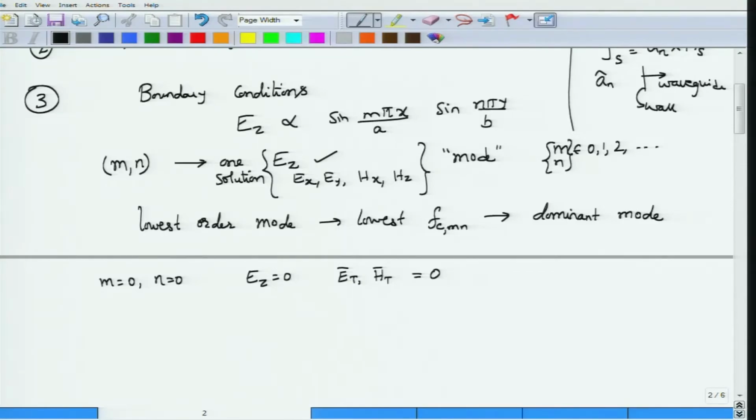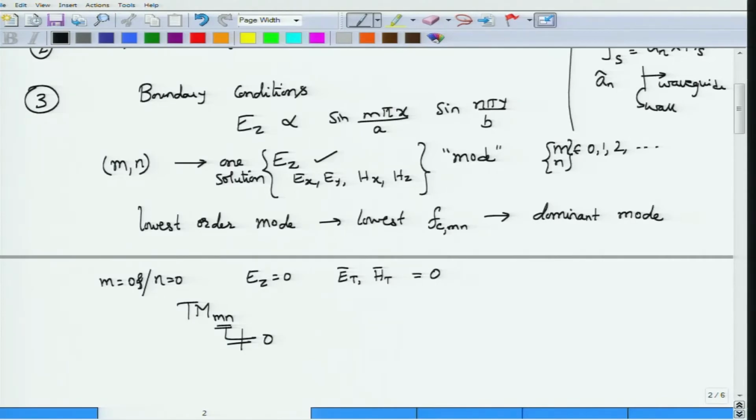In fact, this is true whether m is equal to 0 or n is equal to 0. Thus, the modes designated TM_mn can never have either subscript equal to 0.